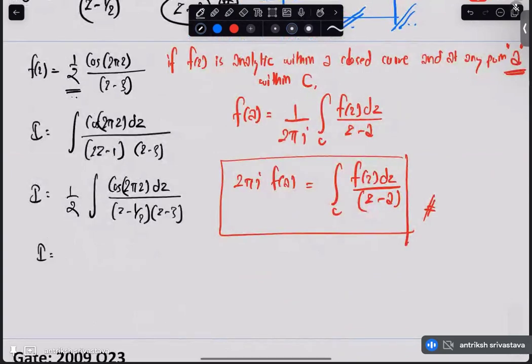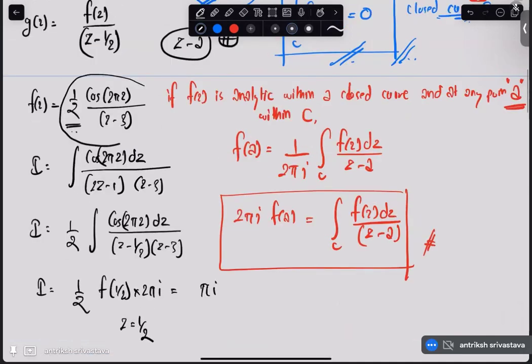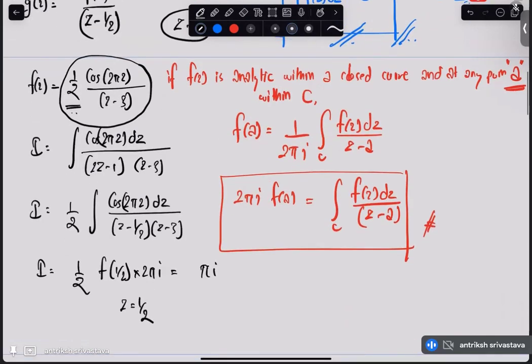And further, we can write it as 1 by 2 f of 1 by 2 into 2 pi i. So it is pi i into f of 1 by 2. Actually, we have already taken out the 1 by 2 common, so I should not do this.